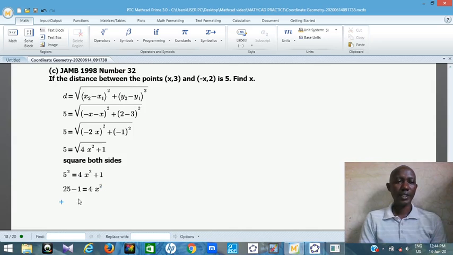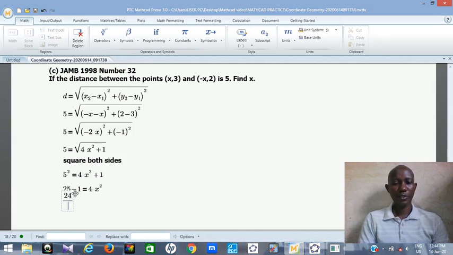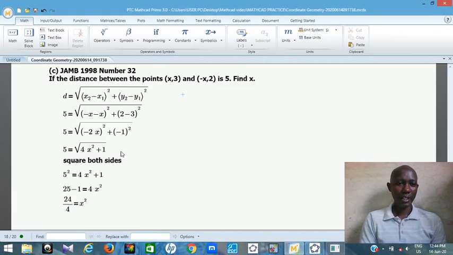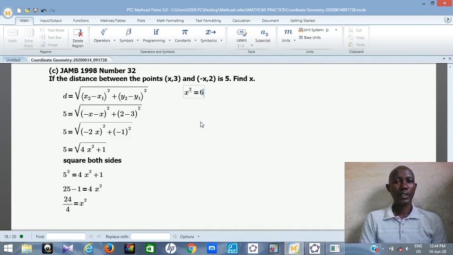Then the next thing is to divide both sides by 4. 25 minus 1 is 24. You have 24 divided by 4 equals x squared. Finally, let me finalize my answer here. x squared is equal to 24 divided by 4, which gives us 6.